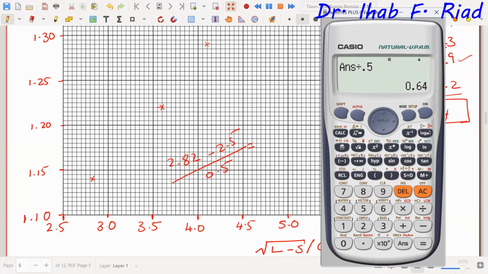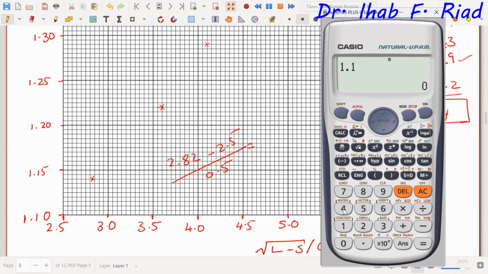Oh, I'm overshooting it. Okay, I'm counting this way. 2.82 minus 2.5 divide 0.5, 0.64. Yes, okay. 0.5, 0.6 around here. Okay, very good. For the y-axis, it is 1 point.